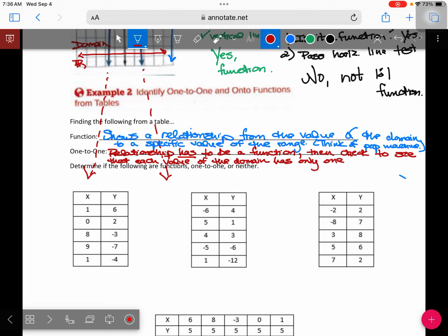Only one. So that means no repeats in the range.